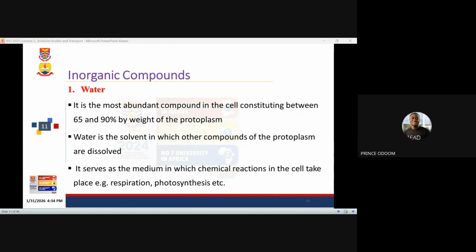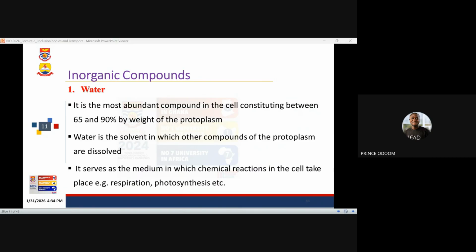So if you have an organism or an organ or the whole system, and about 65 to 90 percent is composed of water, then the majority of the weight of the protoplasm is coming from water. Even if it's only 65, it's more than 50 percent, and some reach as much as 90 percent. That should explain to you the importance of water.